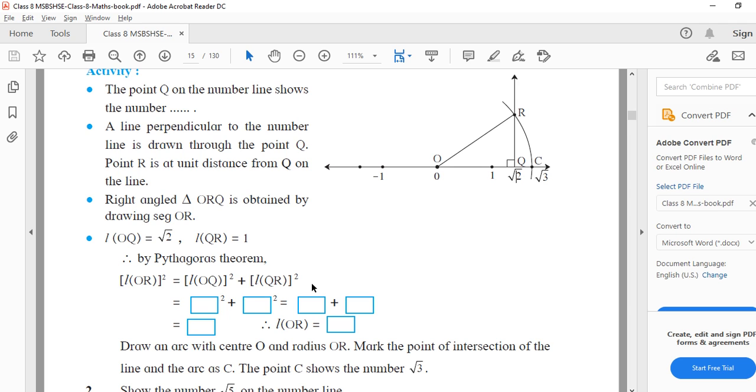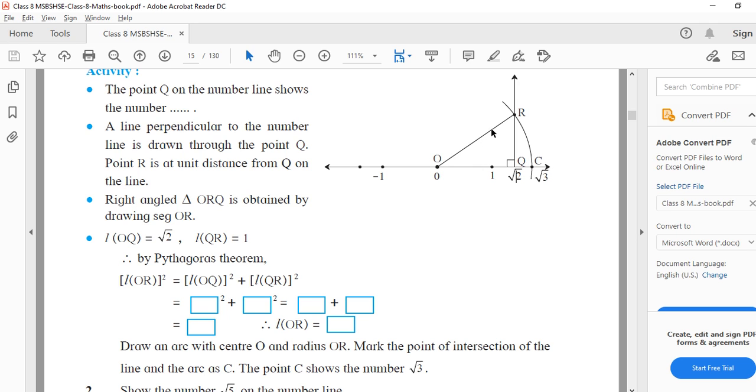So what they are trying to say is, in triangle ORQ, angle Q is a 90-degree angle, which means this is a right-angled triangle, and as per the Pythagoras theorem, the side opposite to 90 degrees is called the hypotenuse. The side opposite to angle Q is this side, OR.